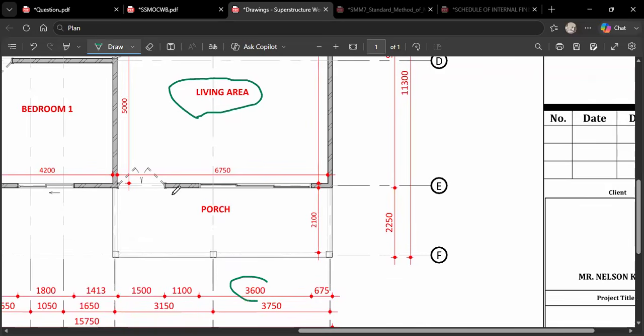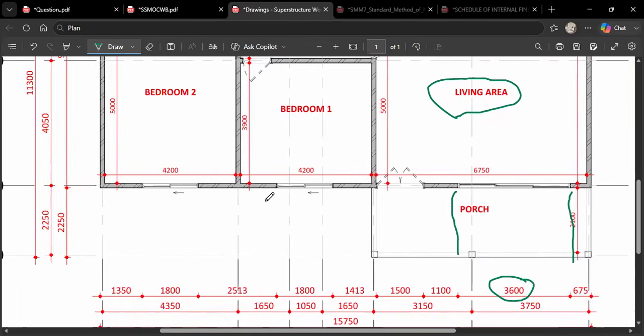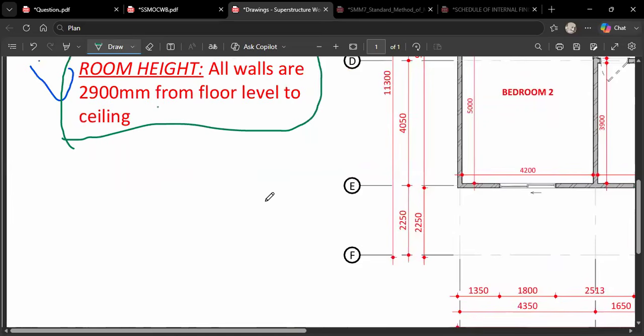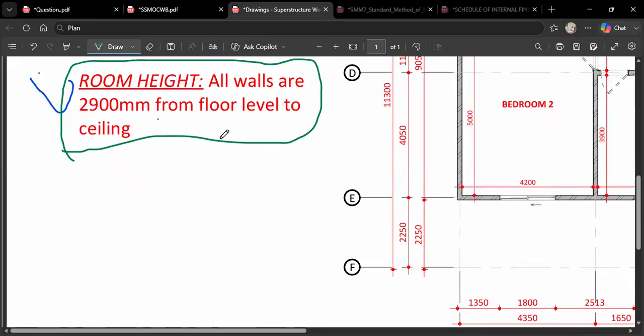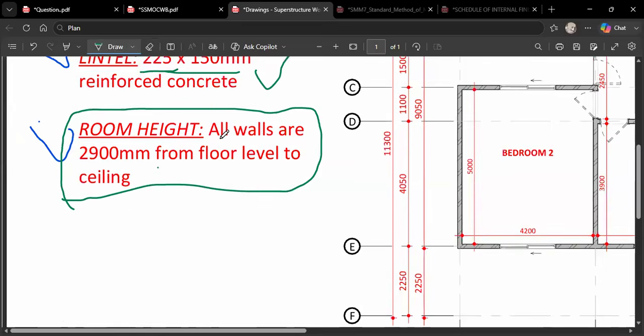It begins from here towards here. So these windows, what are their heights? Let's come back to the room height.